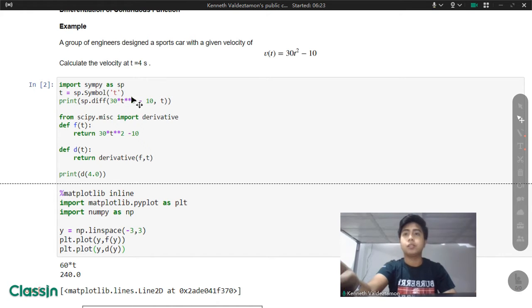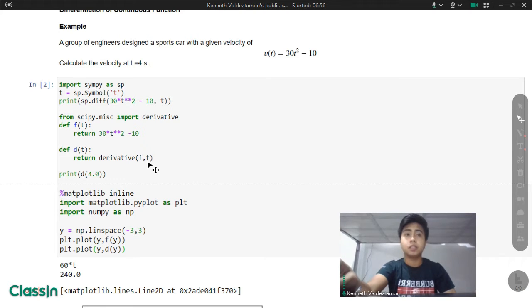So, since meron na tayong first derivative, we can solve or evaluate t equals 4. So, to do that, first from scipy.misc, import derivative. And then we have to define function f(t), and I'll return 30t squared minus 10. In here, I put derivative f and the function that I want to evaluate.